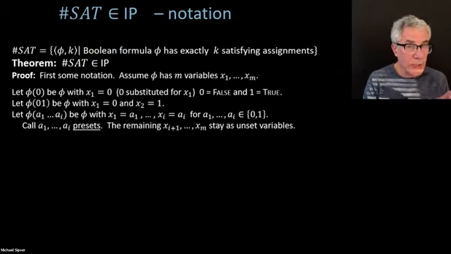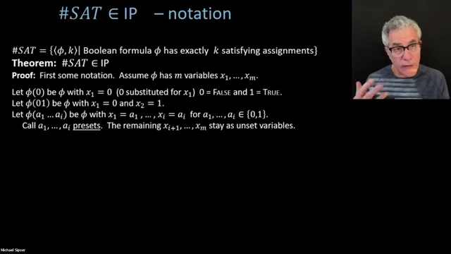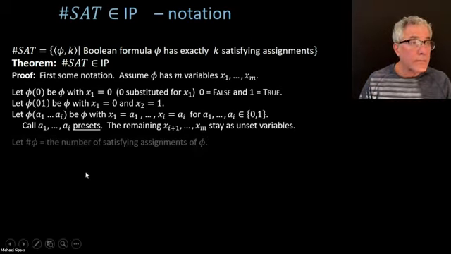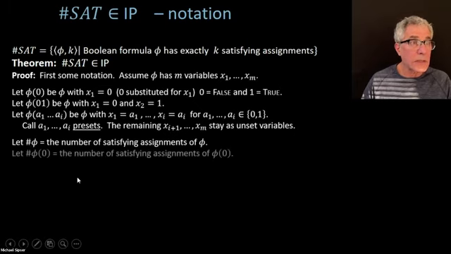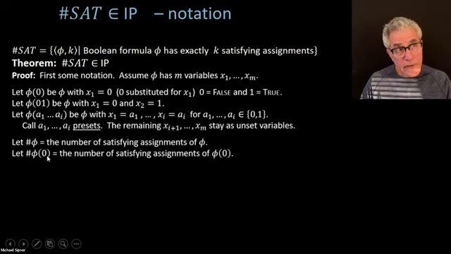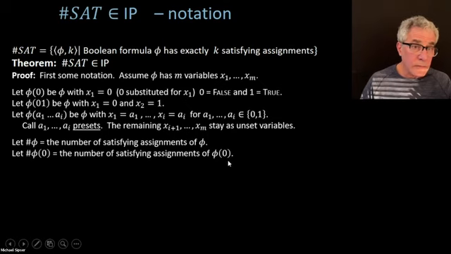This is just converting some formulas into other formulas that have somewhat fewer variables. All right. Now let's recall that number sign notation. #phi is the number of satisfying assignments. Now, if I say #phi(0), that's the number of satisfying assignments when I've preset x1 to 0.